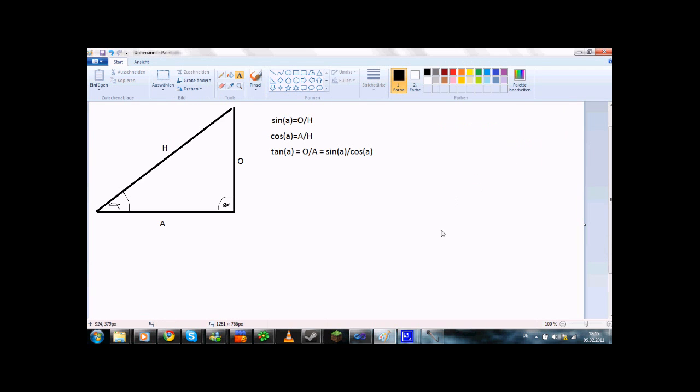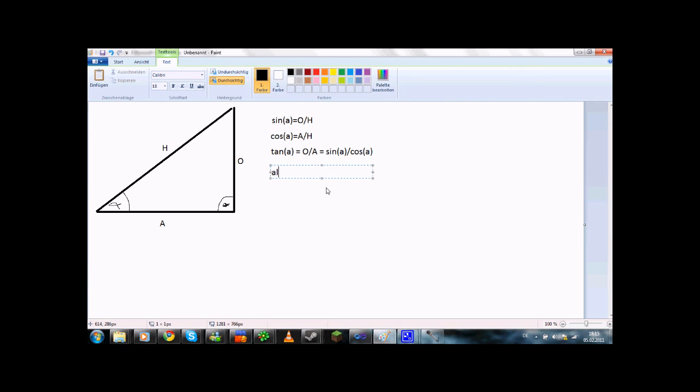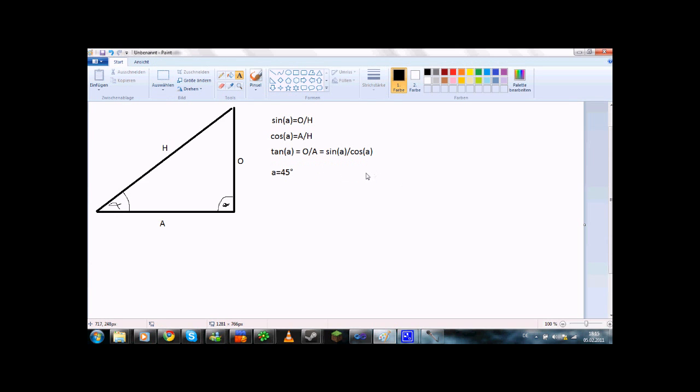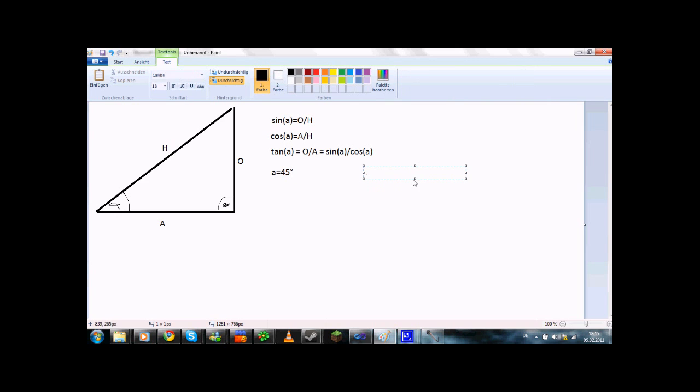Alright, so now that we know this, let's say our angle alpha is 45 degrees. So A equals 45 degrees. Then we know that our sine and the cosine are sine of 45 degrees, which is the same as 1 divided by the square root of 2.